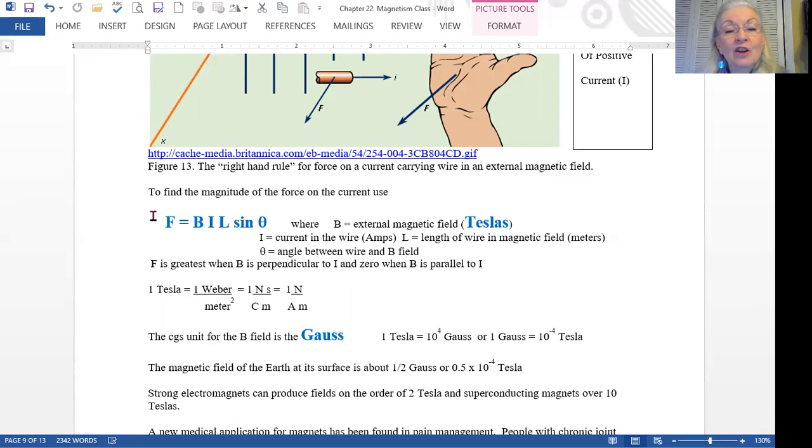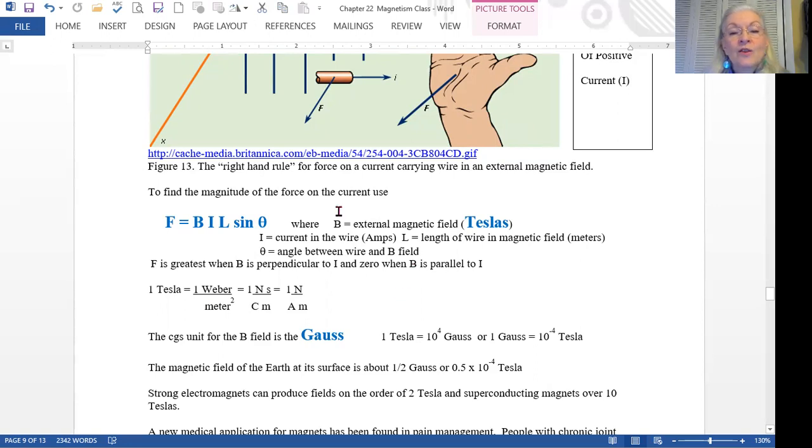I is the current in the wire, and current is measured in amps. Capital L is the length of the wire that's in that magnetic field. It would be measured in meters. And theta is the angle between your wire and the magnetic field. And you will need to know this equation for the quiz.